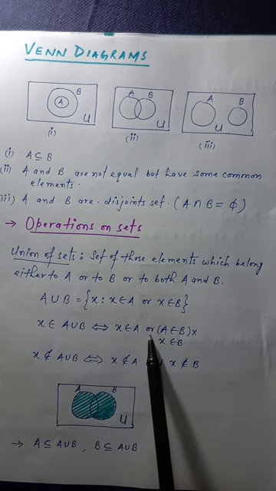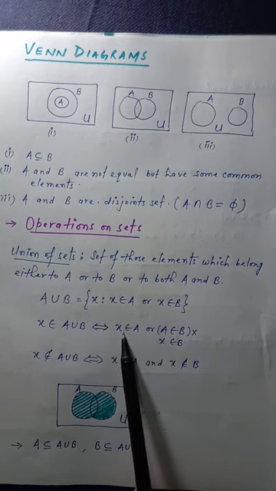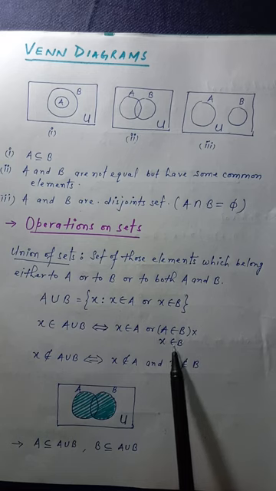There is no possibility, we are not sure where X is. So X may be in A or X may be in B.